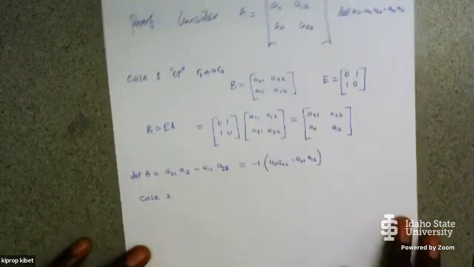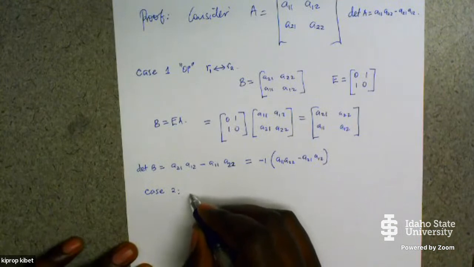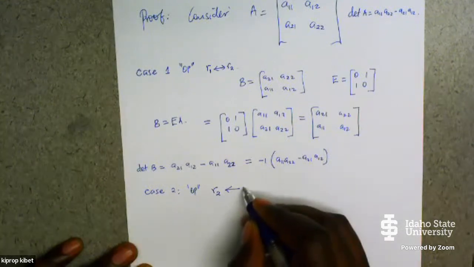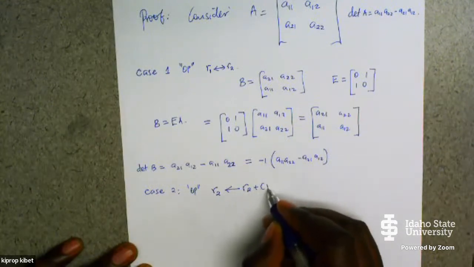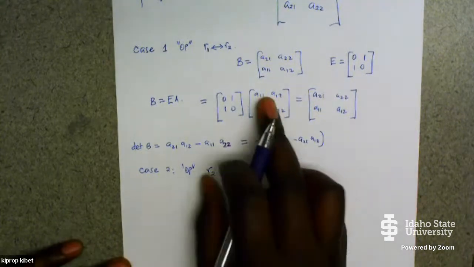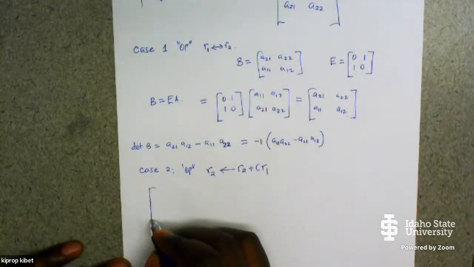Now, if we do the operation whereby new R2 is R2 plus CR1, our B will now be what?